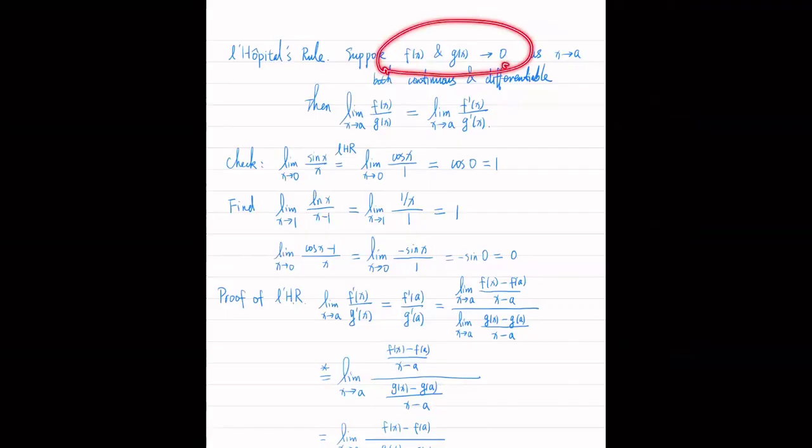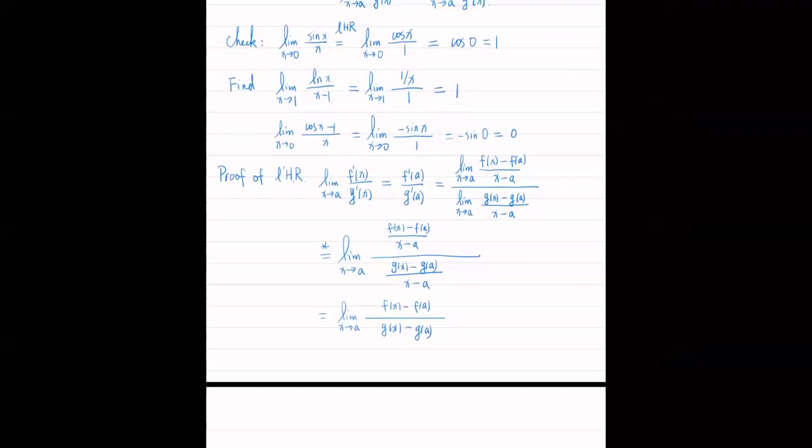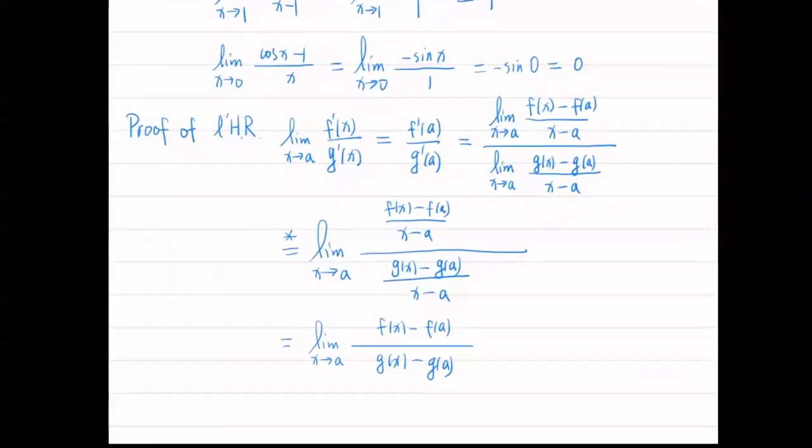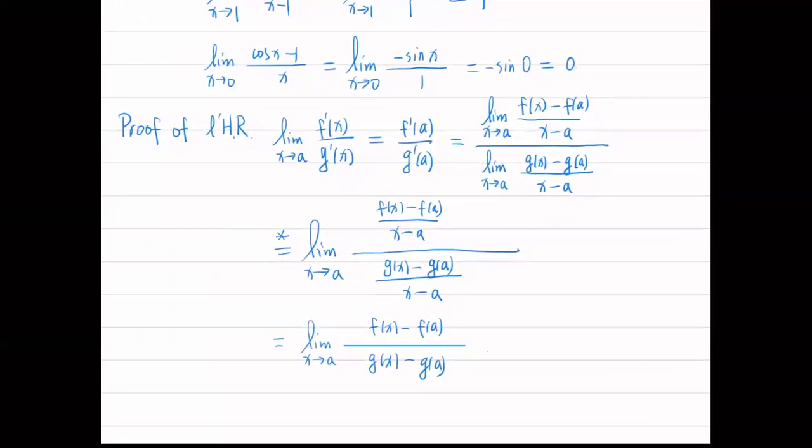So f(a) and g(a) are both 0, right? So let's plug in, since f(a) equals g(a) is 0. Okay, now let's compare where we started and where we finished.